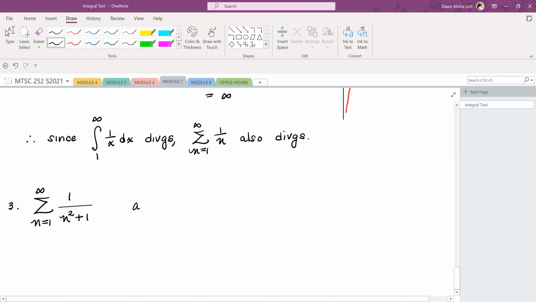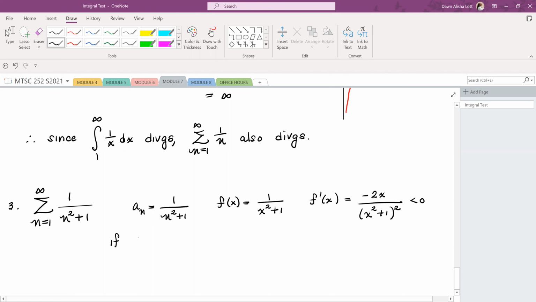If a_n is equal to 1 over n squared plus 1, then f of x is 1 over x squared plus 1, and f prime of x is minus 2x over the quantity x squared plus 1, squared. And that is always negative if x is greater than 1. So it's a decreasing function.